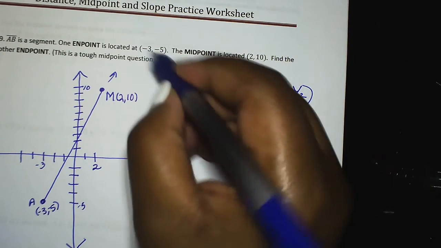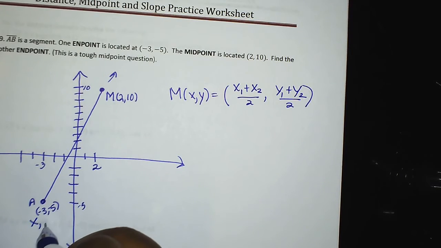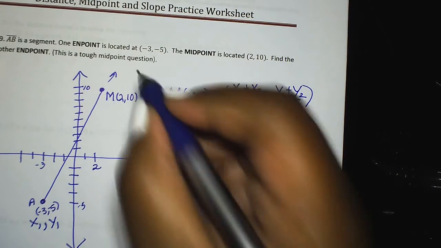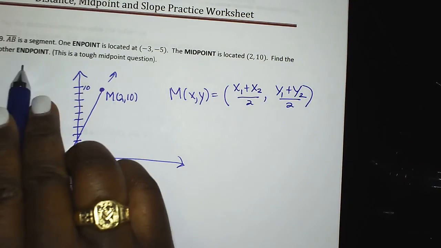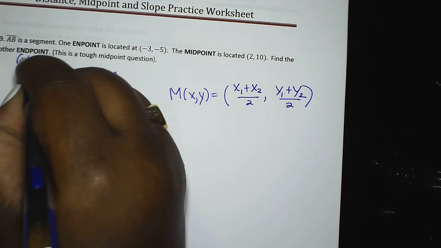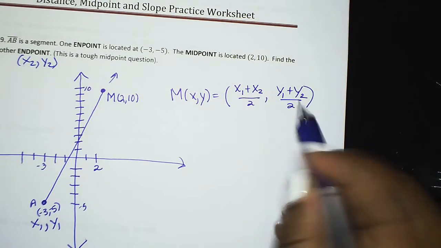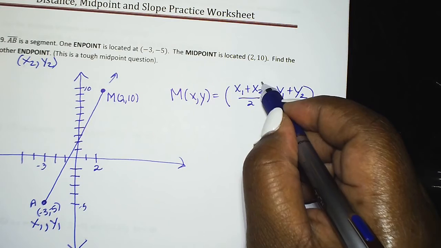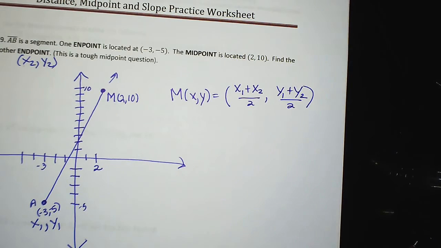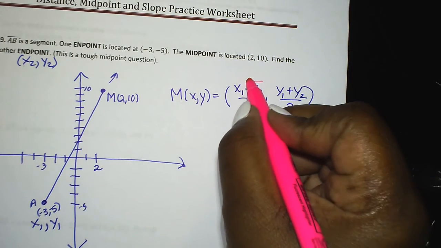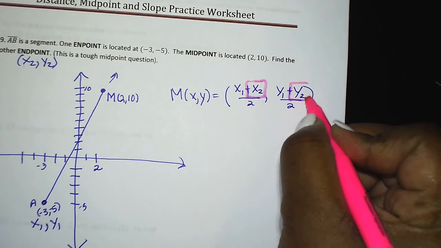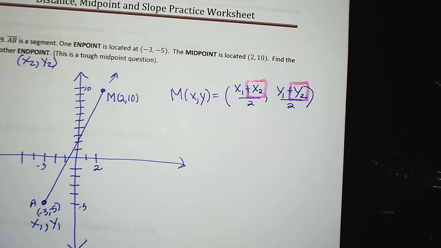And so the endpoint is my x1 and my y1. I don't know what my other endpoint is, that's going to be my x2 and my y2. So I have everything except this point, but I have everything else. So let's put everything in a space.